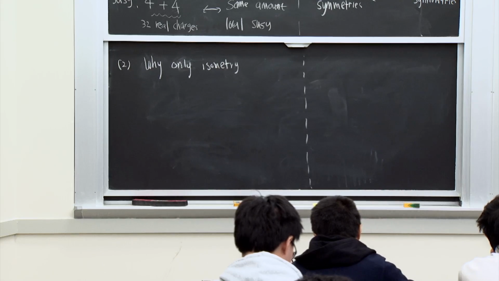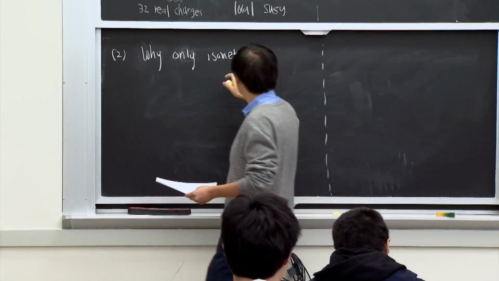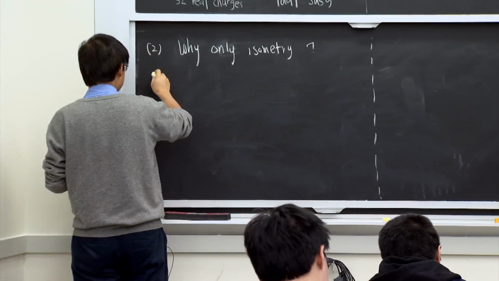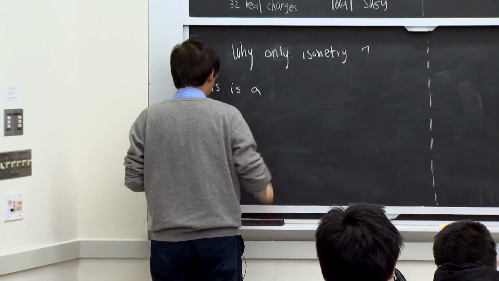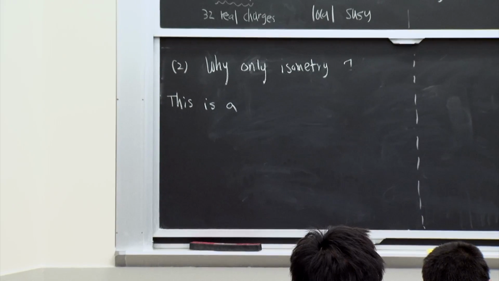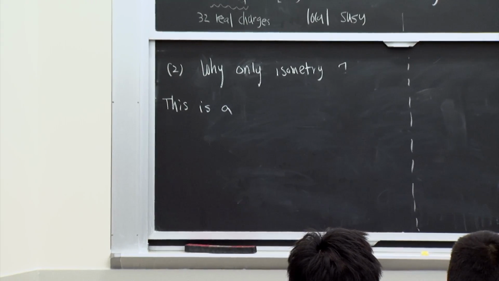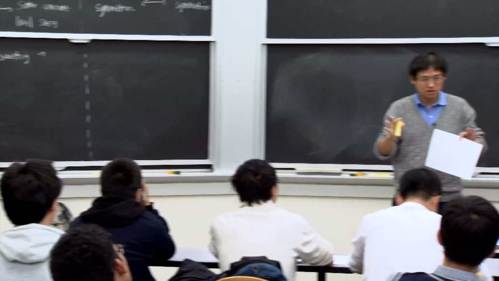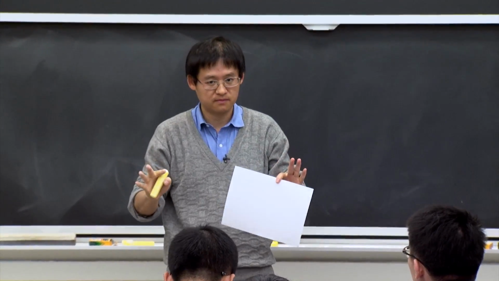The isometry is important for the following reason. Even though this is a subgroup, as I mentioned last time, when we talk about quantum gravity, string theory in anti-de Sitter times S5, you should keep in mind that this AdS5 times S5 refers to the asymptotic geometry.